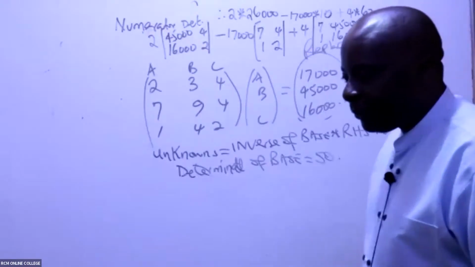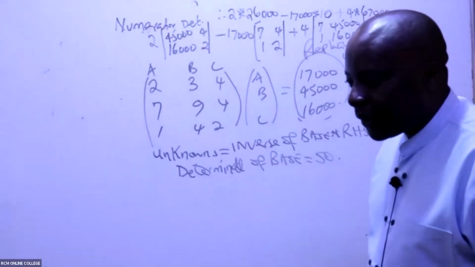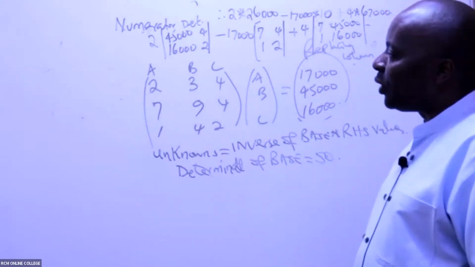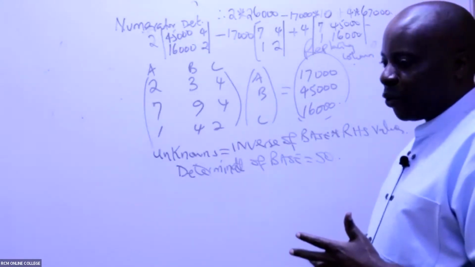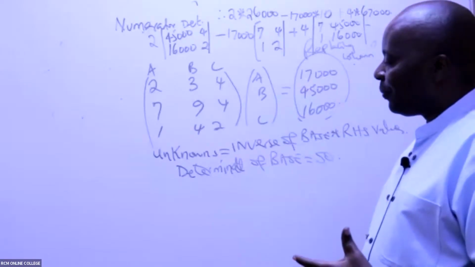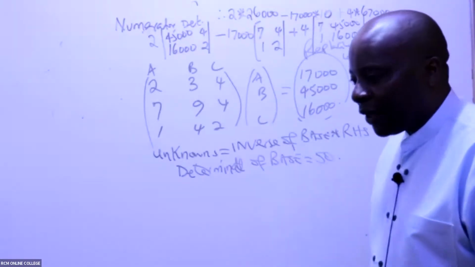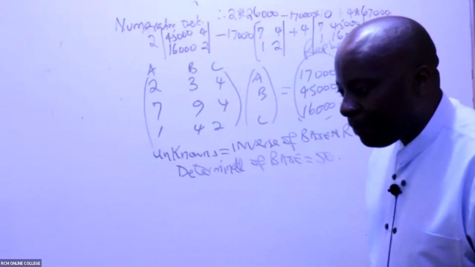Is that okay? Now from there, we go ahead and find what we call the minors. We find the minor matrices. So the determinant of the base is okay; come and give us the minor.